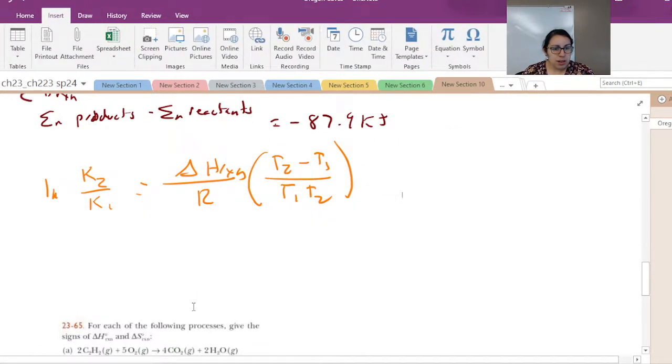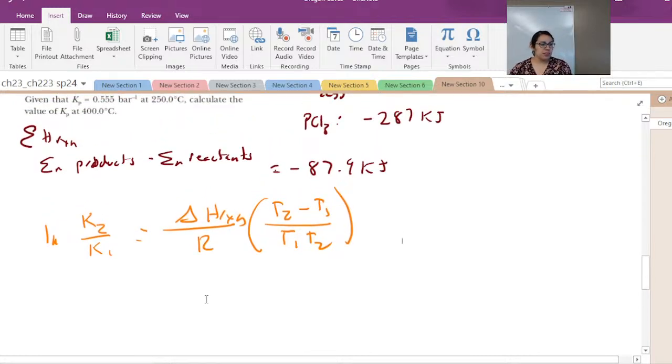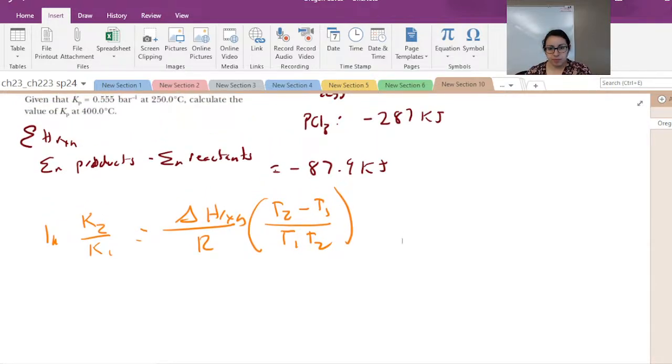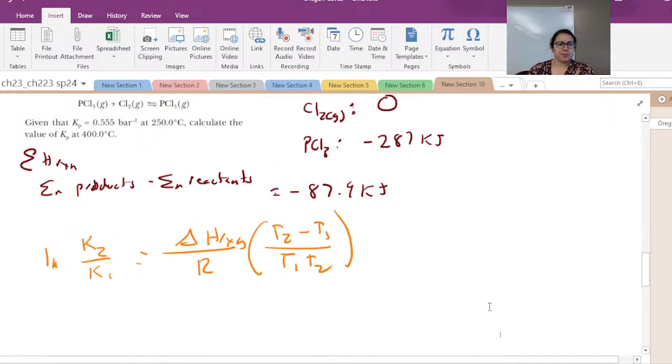And so then we can plug it in, but of course, temperature needs to be in Kelvin. And so let's set everything properly too. The only thing that you don't want to mess up is what your K2 is versus your T2. So I'll set T2 at 400, which is plus 273, so 673 Kelvin.